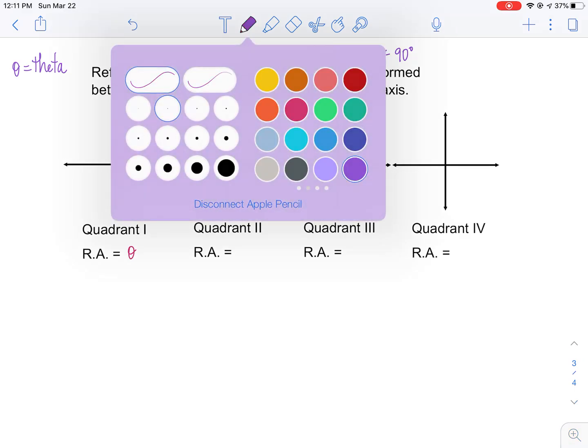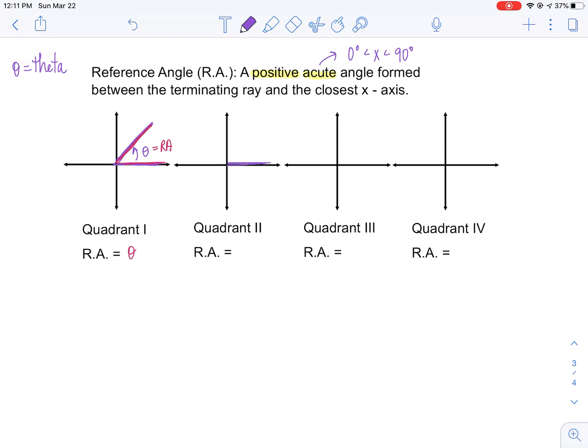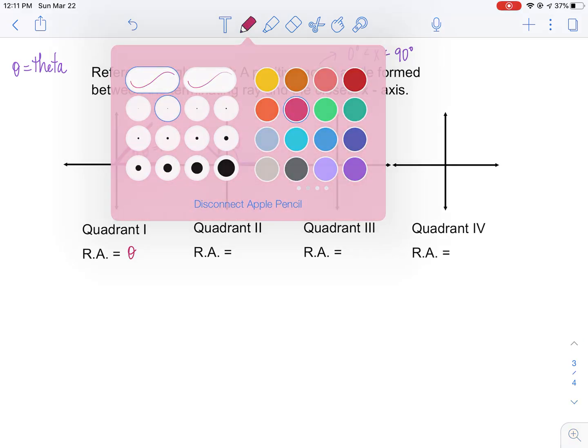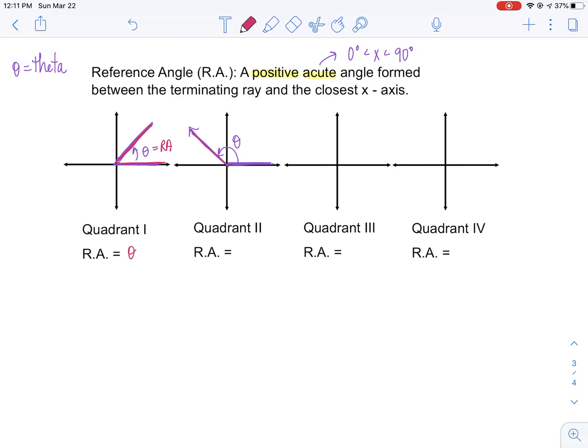If I'm in the second quadrant, here's what a second quadrant angle looks like. It starts here. It ends over here. This is theta, the angle that we're working with. Its reference angle is right here. Terminating ray, closest x-axis.